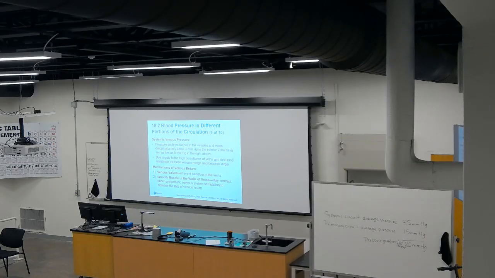For the systemic venous pressure, it drops to about 4 millimeters of mercury in the vena cava, but it can be as low as 0 in the right atrium. So if you start with systolic 120 in the left ventricle, and then you have 0 in the right atrium, that keeps the blood flowing.